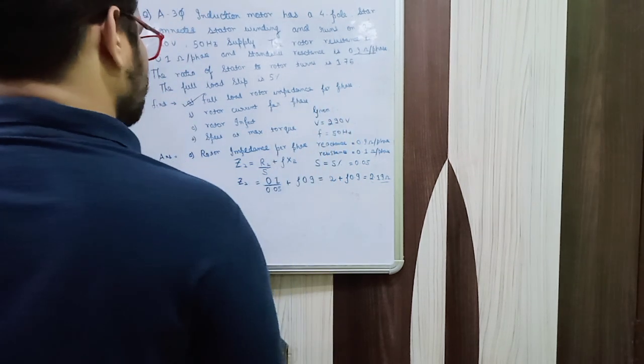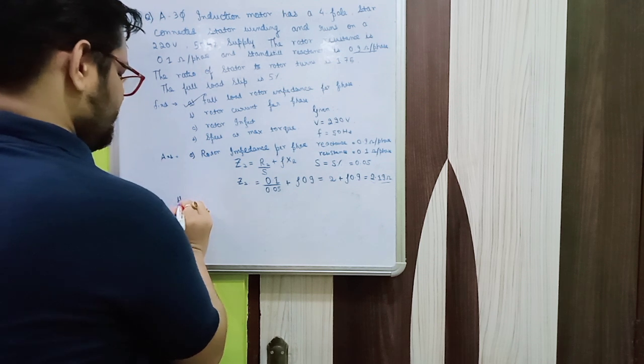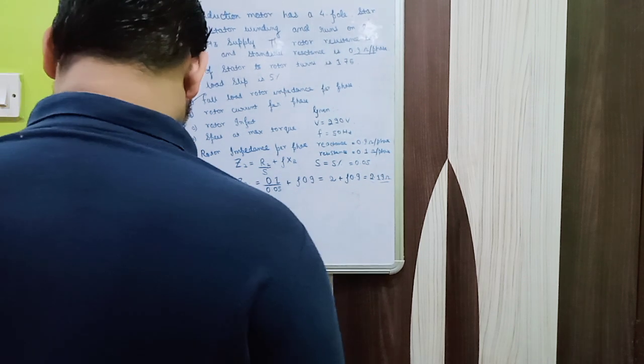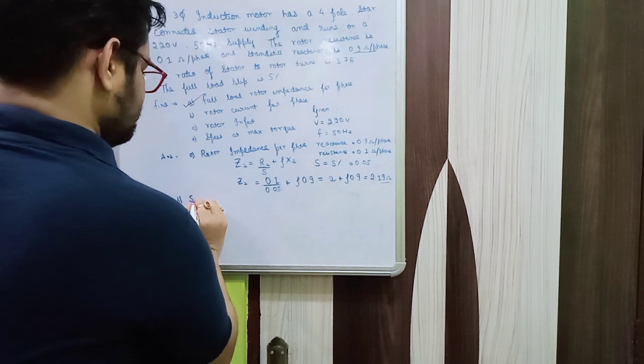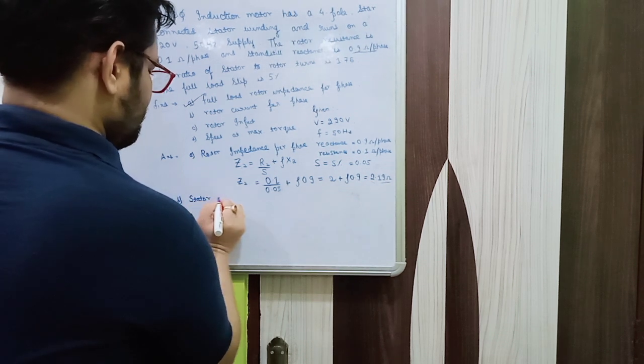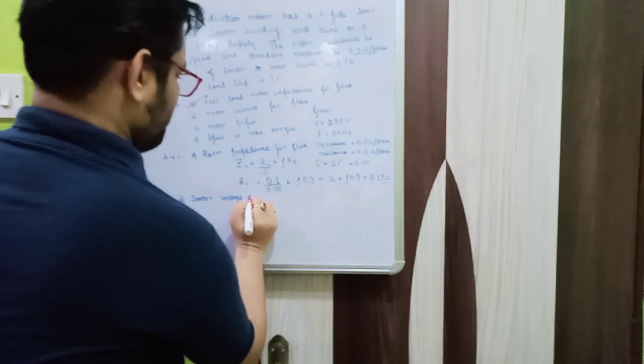Now we have to find the rotor current per phase, option B. So what is the stator voltage per phase?